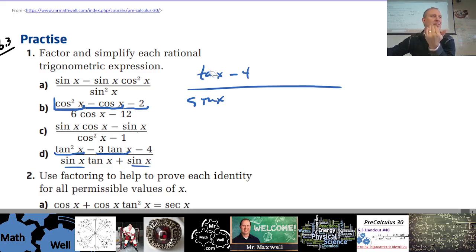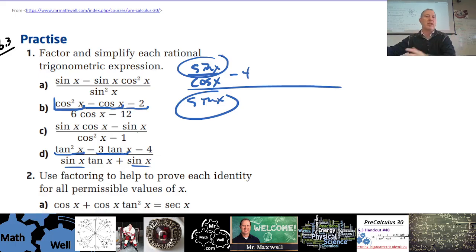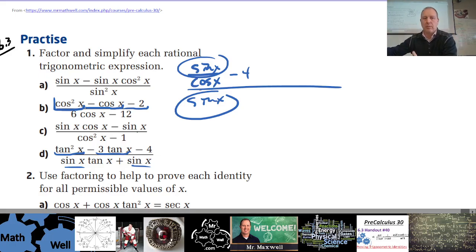Tan x is technically sine over cos, right? So watch this. If this was rewritten as sine x over cos x minus 4, you see there's a sine here and there's a sine inside of tan. So really those should be reconciled. That should be simplified a bit more. So probably, you're right, the tan won't stick as a final simplification. So how do we do this?